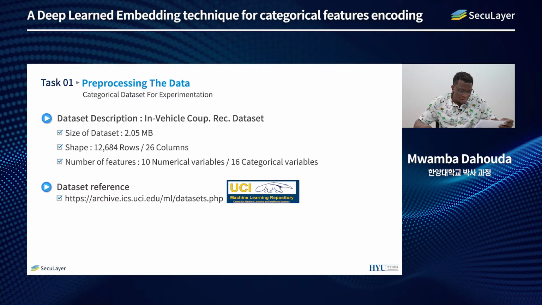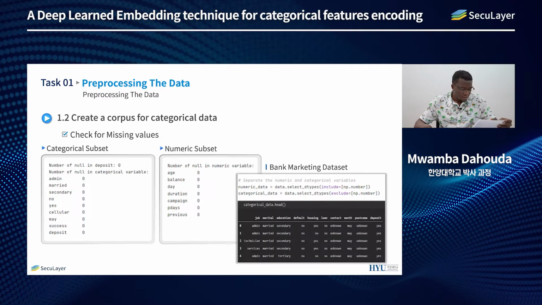That allows us to create a corpus that contains only categorical data, and then we convert all the data to lowercase and our label into numeric form. Before further preprocessing of the data, we have to always check if there are any missing values in datasets. If there are some missing values, then we can use techniques such as data imputation, but in our case, for the dataset, there were no missing values.